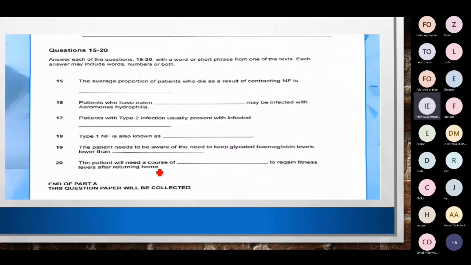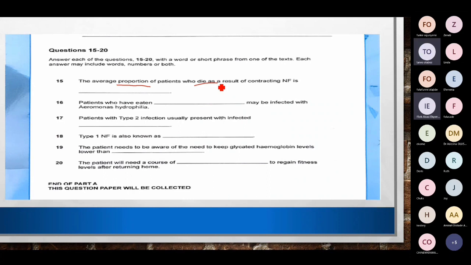So 15 says, the average proportion of patients who die as a result of contracting NF. Proportion talks about percentage, right? Who die means mortality. Remember that we saw the word mortality before. So we are looking for a number.